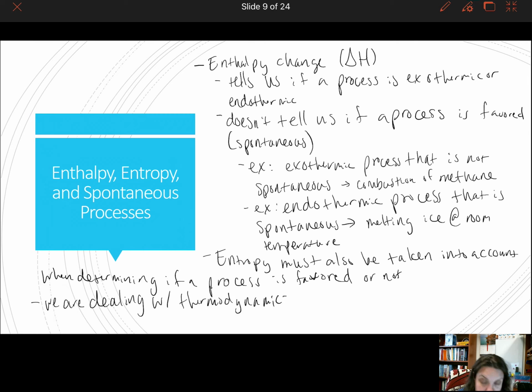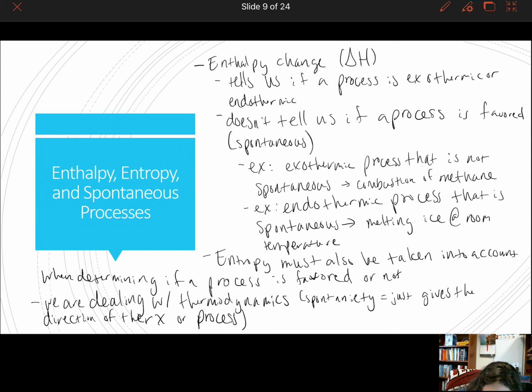So we're talking about the thermodynamics of it. There are lots of very, very slow reactions that are thermodynamically favored, which we talked about during the kinetics chapter.